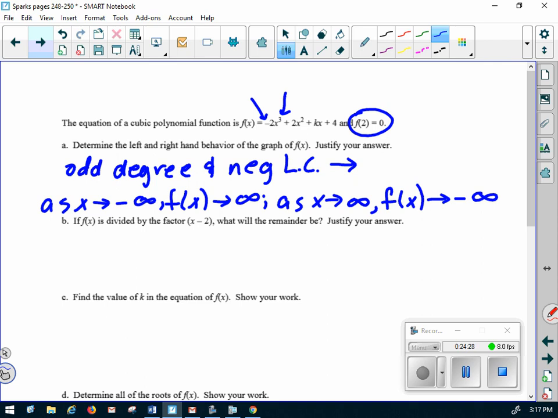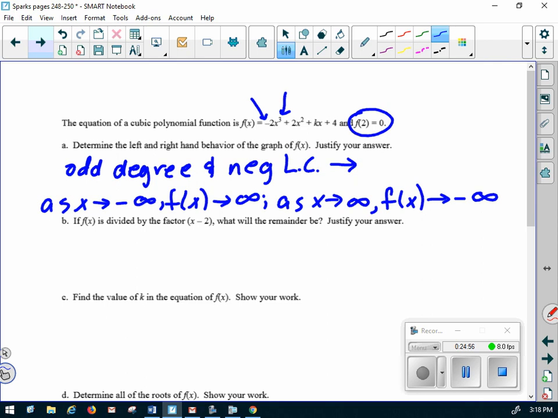If f of x is divided by the factor x minus 2, what will the remainder be? Now you have to be real careful. When the word factor is used, it really means that number will go into that polynomial evenly, which means the remainder has to be 0 for it to be a factor.